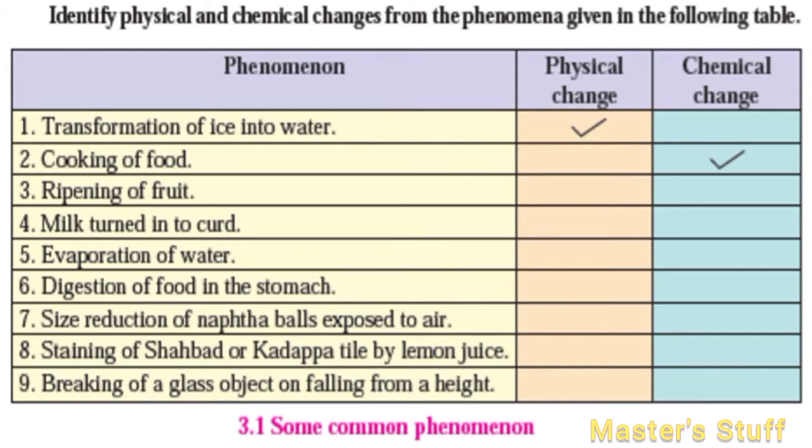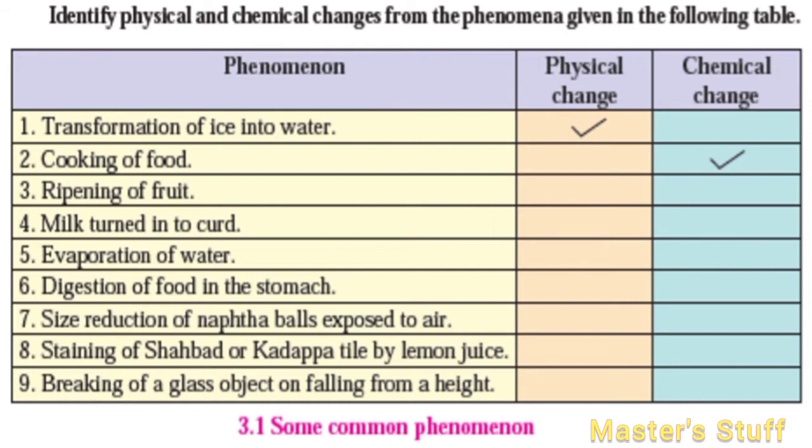Now, you may have a doubt that when the glass is broken, it cannot be attained to its original state. So how come it is not a chemical change? Well, as the glass is broken, only its shape is changed. That is, its physical state is changed.